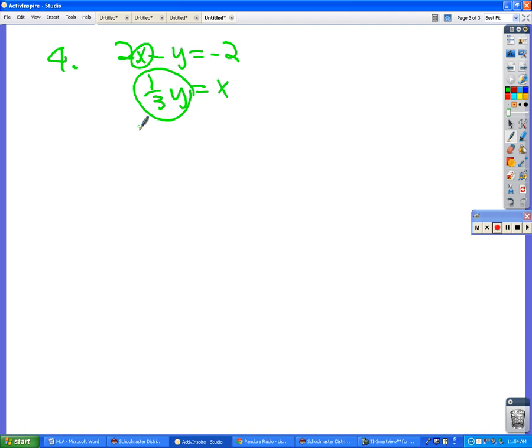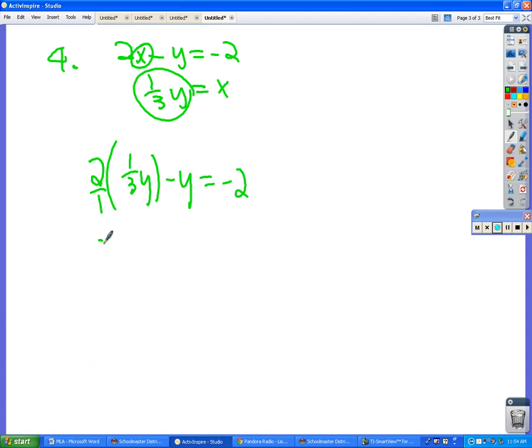So instead of writing 2x minus y equals negative 2, I'm going to write 2 times 1/3 y minus y equals negative 2. And the reason that I can do that is because x equals that, so I can replace the x with that. Okay? So what's 2 times 1/3 y? Well, this is like 2 over 1, right?